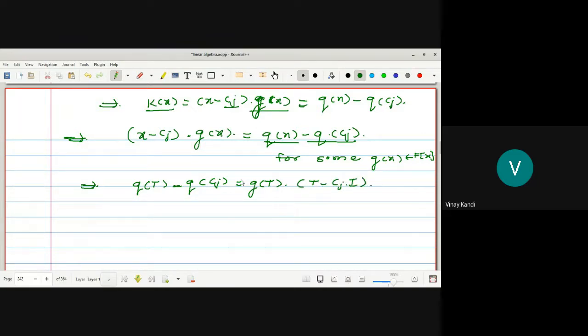Put x is equal to capital T. Now apply this on the vector alpha first: q of t of alpha minus q of cj, हा तुमचा स्केलर आहे बरं का, scalar cj into I of alpha is equal to g of t into t minus cj of I of alpha.